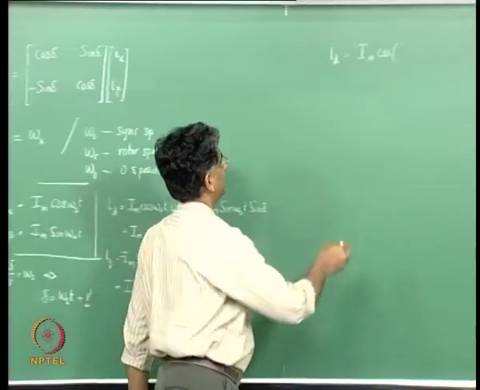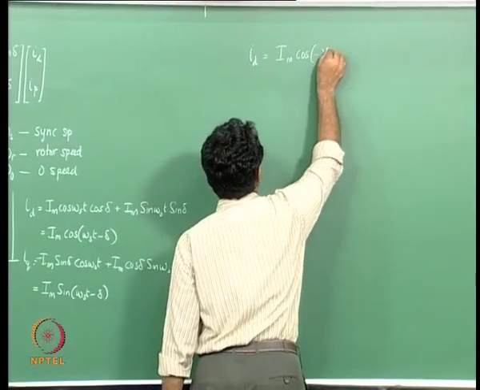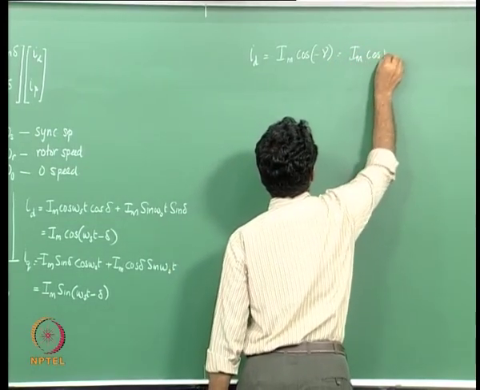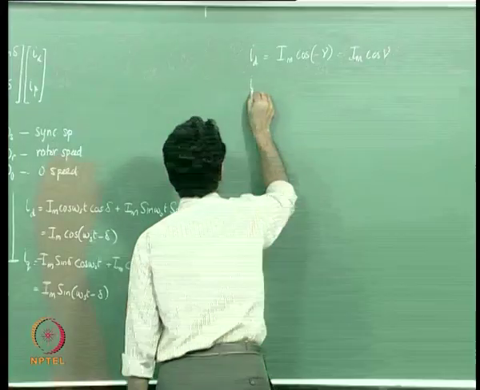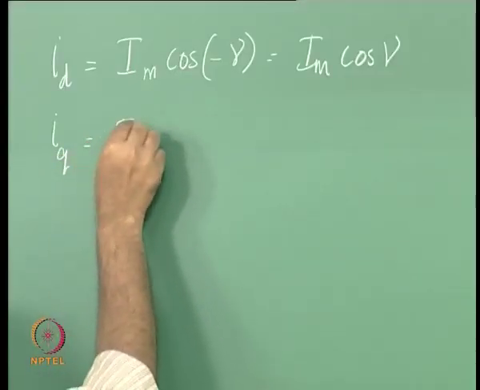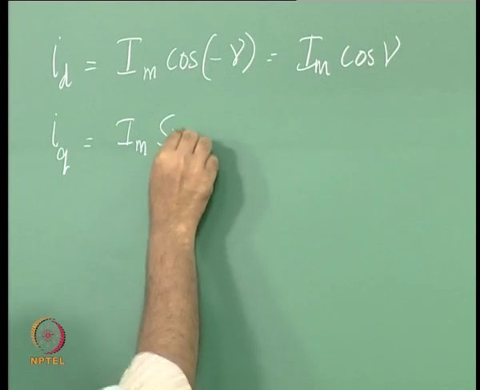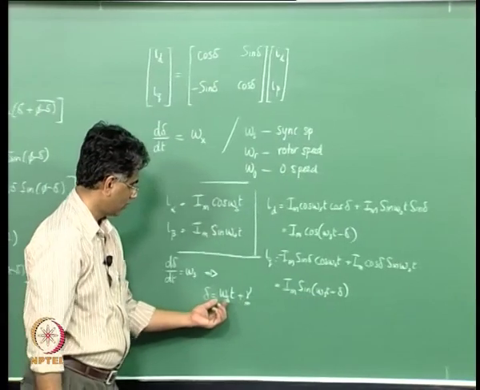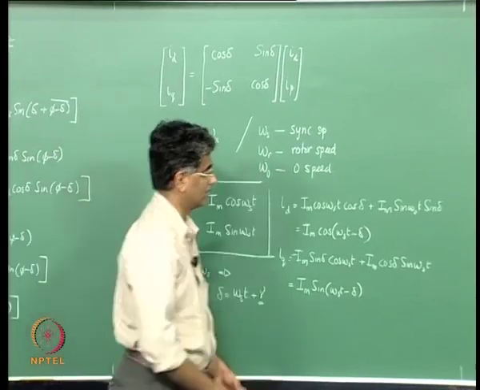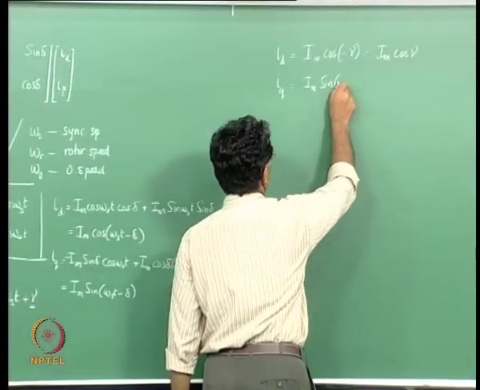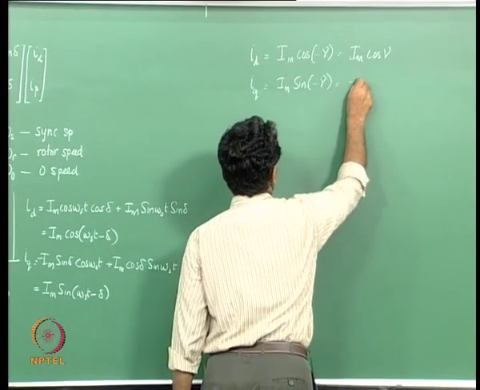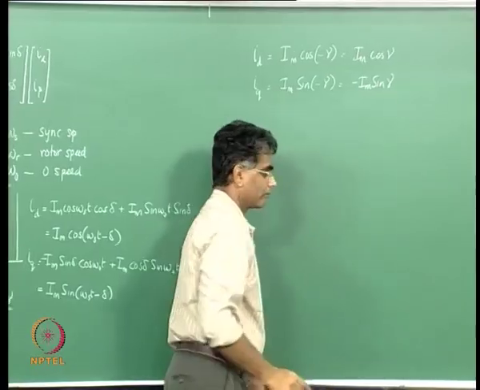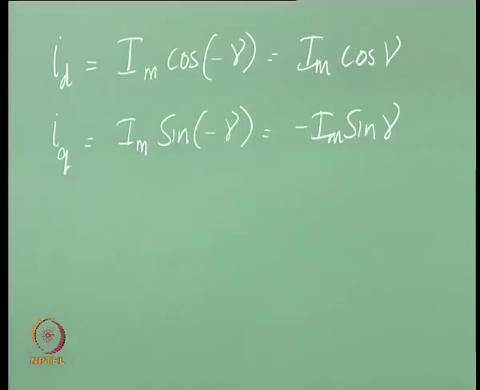So, you get Im cos of minus gamma, which is Im cos gamma, and Iq is Im sin of omega st minus omega st minus gamma, which is Im sin of minus gamma, that is minus Im sin gamma. That is what you have.